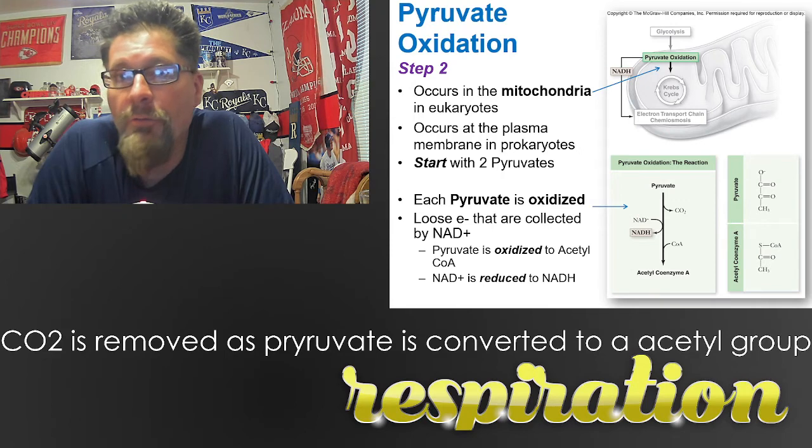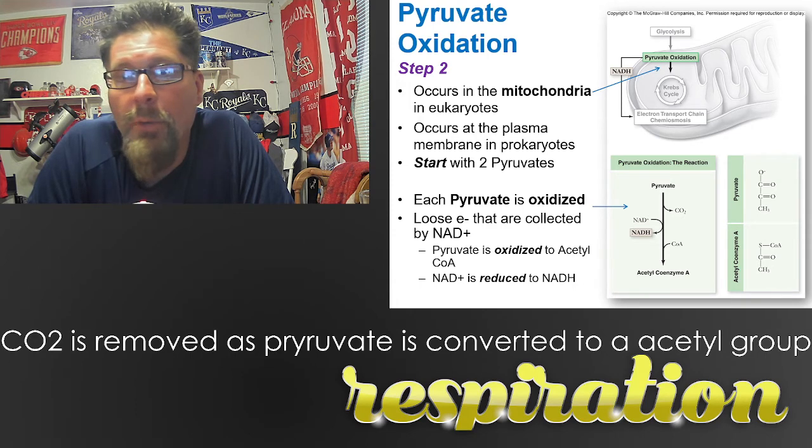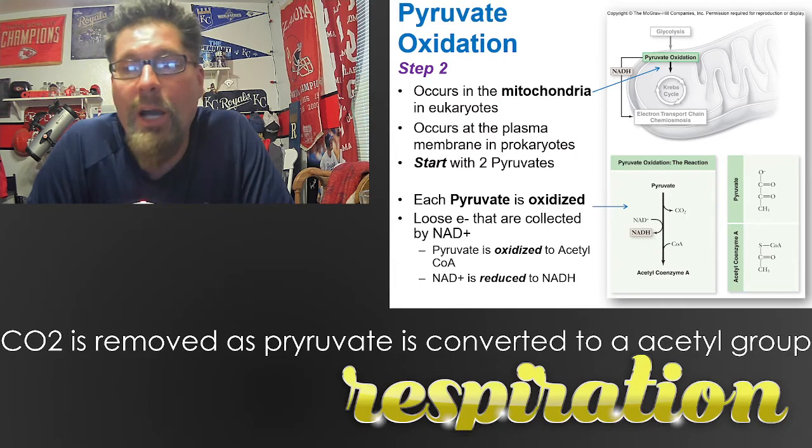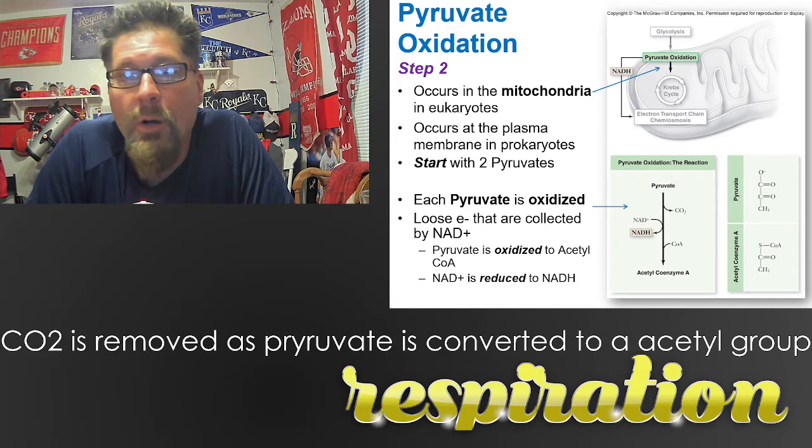You can see on the far right those two boxes, the pyruvate and the acetyl coenzyme A box. In the conversion there, one of those C's on that middle branch and two of the O's are removed, the one from the end and one of the ones in the middle. That's the carbon dioxide being removed. And then of course that CoA, that coenzyme A, is attached as well.